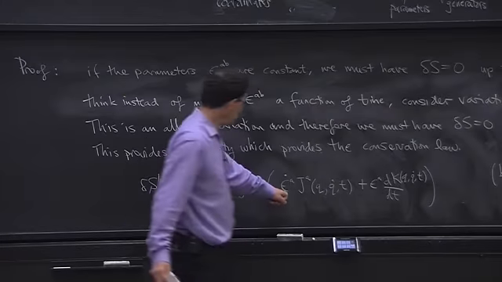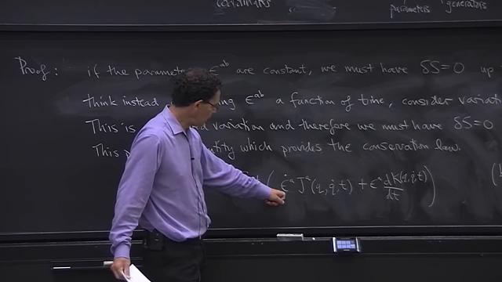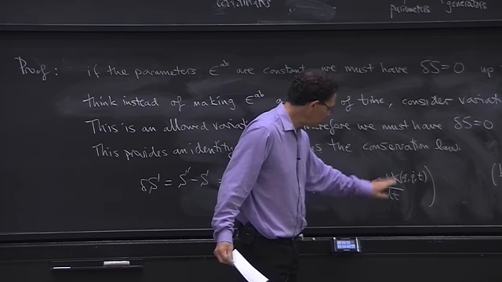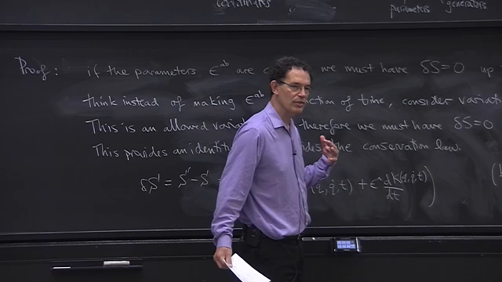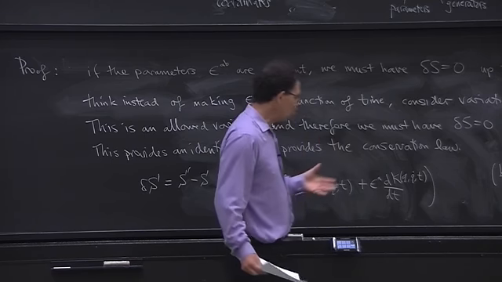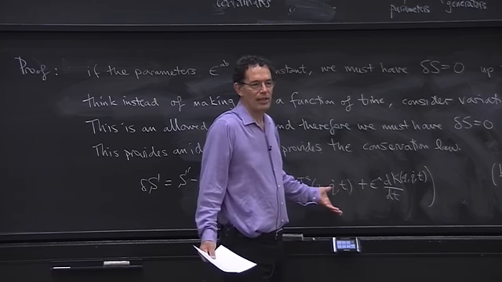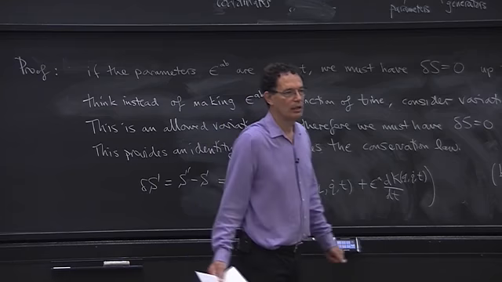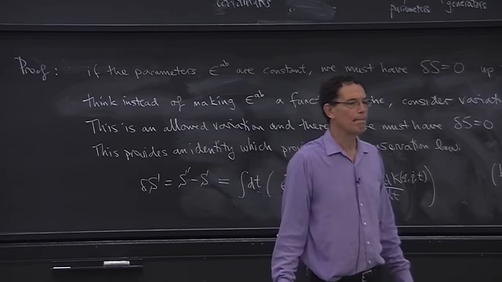This one obviously vanishes if epsilon is independent of time. This one, if epsilon is independent of time, is a total divergence, so it's going to give a surface term. Okay? So these are actually the only allowable things you could get if what you have is a symmetry of the equations of motion. Yeah.